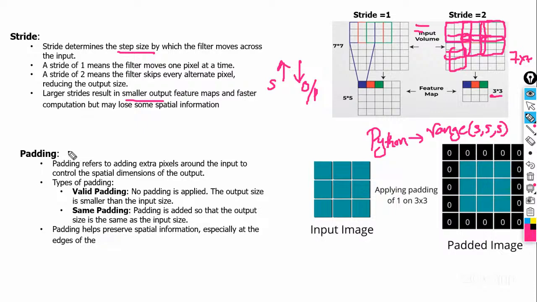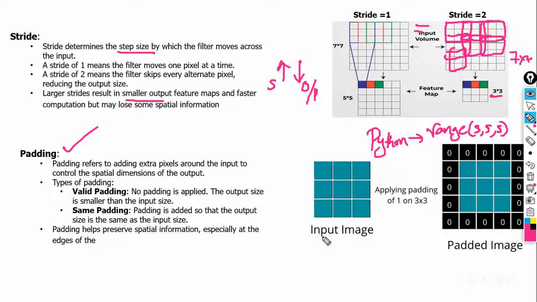Now let us also discuss what padding is. We also have padding because padding is again one of the important concepts that we have in CNNs. Padding refers to adding extra pixels.